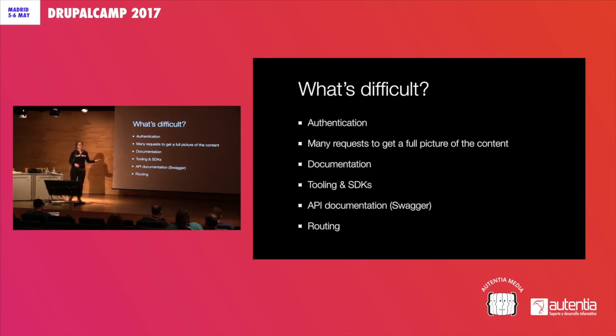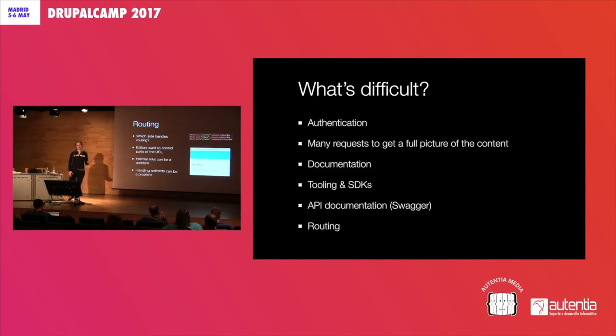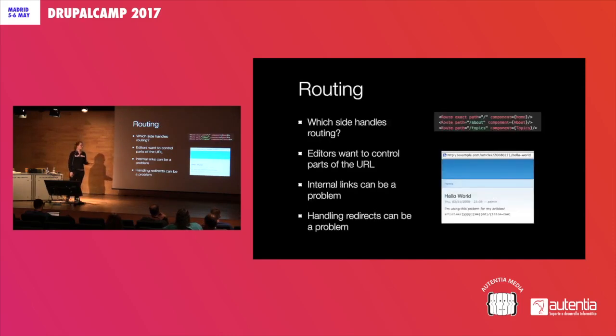Routing I'm going to talk about a little bit, because this was actually by far the hardest part of writing decoupled applications for me. Because we have to decide which side of the equation is going to handle the routing. So do we let the back end handle it like we normally do?